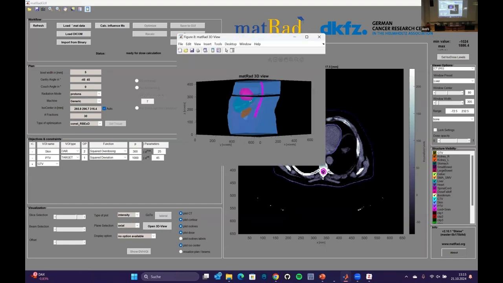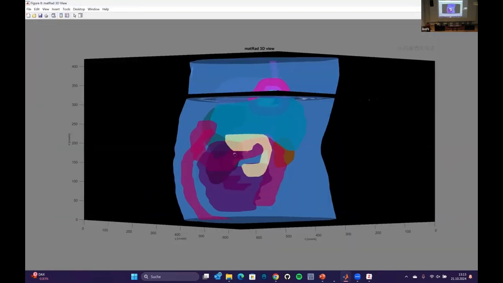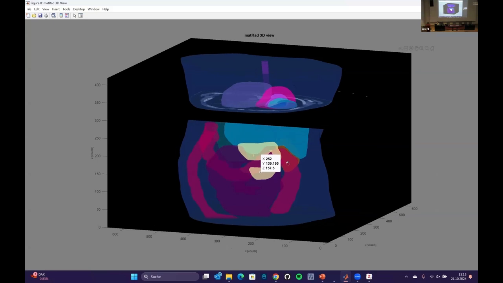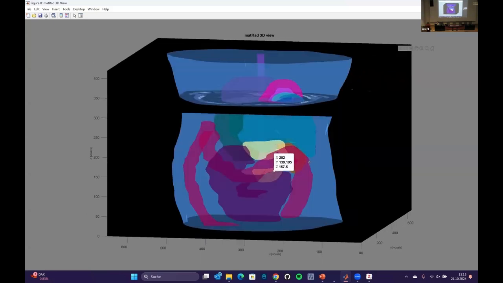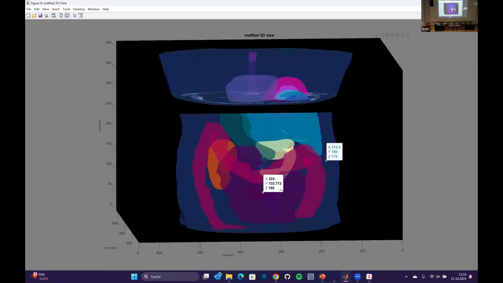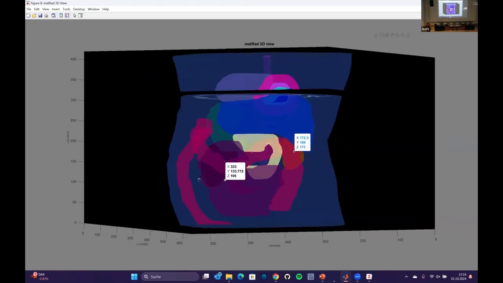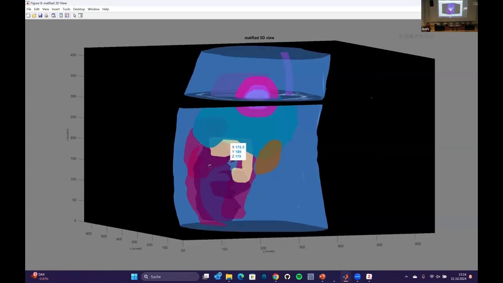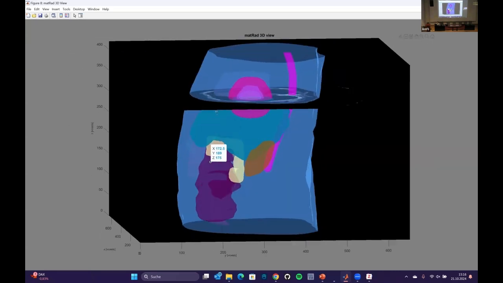If we look at this now, you see there's a little bit more involved. I'm really sorry, MATLAB's 3D rendering is not super good. But I think you see quite nicely that you have parts of the bowel here and in general the intestines lower here, and let's scroll a little bit further. I really don't like MATLAB's rendering. This is the tumor here with some extra segmentation. Look, we have the spinal cord going back here.